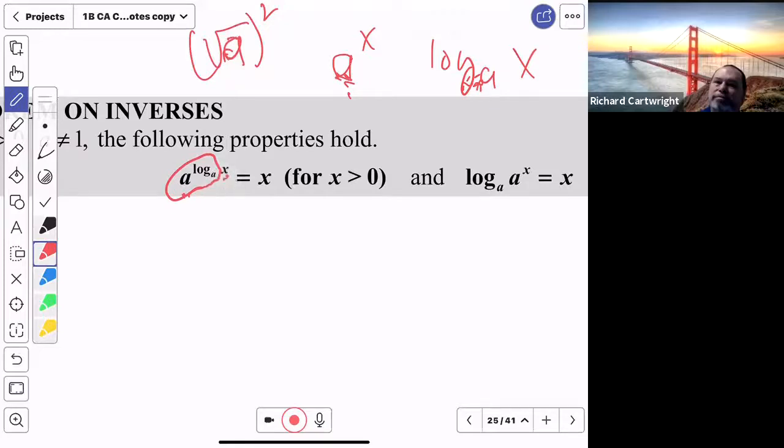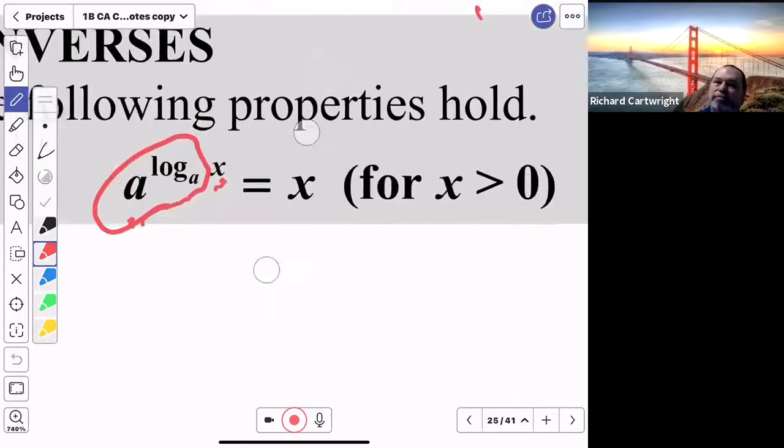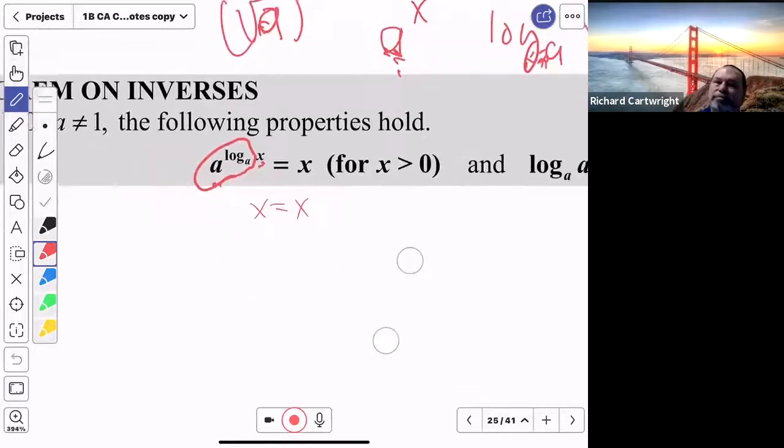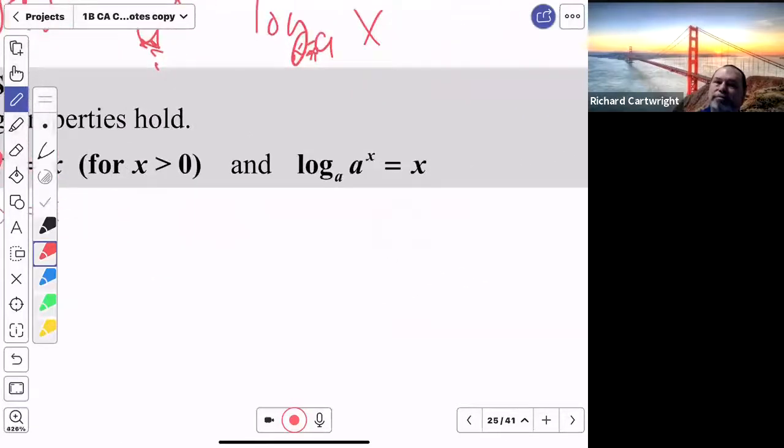I think it just gives me, that's a good question. What does it give me? It says x equals x. I don't know what else I can put. And log base 10 of a to x gives me x log a a. Log a a is 1, so it gives me x equals x again.